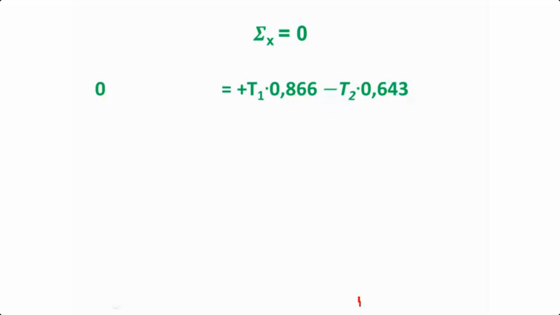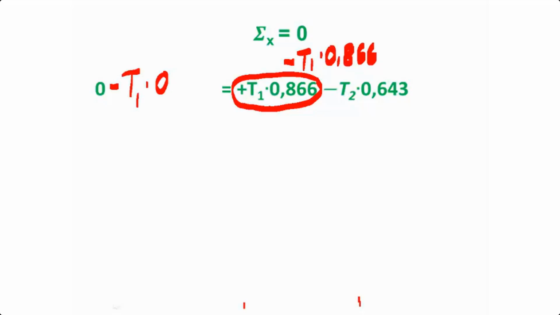Well, the first thing we can do is move one to the other side. How do we do that? Well, let's say we move this one to the other side. To do that, we subtract T1 times 0,866, and what we do to one side we must do to the other side, otherwise it's illegal.